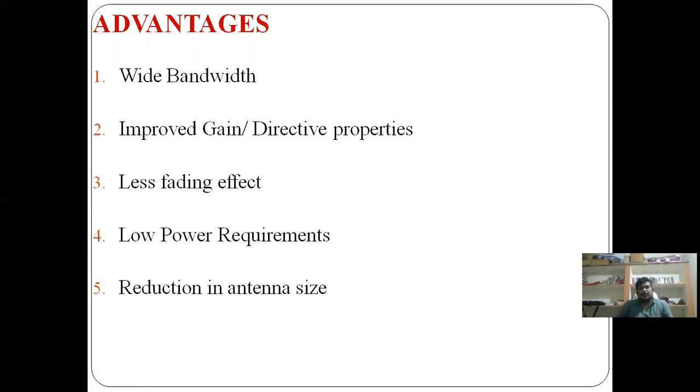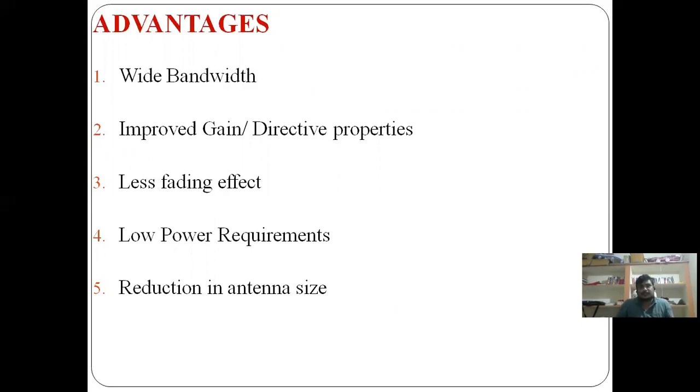In a parabolic antenna, the directive gain is equal to 140 times d by lambda, where lambda is the wavelength. As frequency increases, wavelength decreases. As wavelength decreases, what happens? Lambda is in the denominator of d by lambda, so as it decreases, the ratio increases. Then automatically the directive gain is going to be improved.